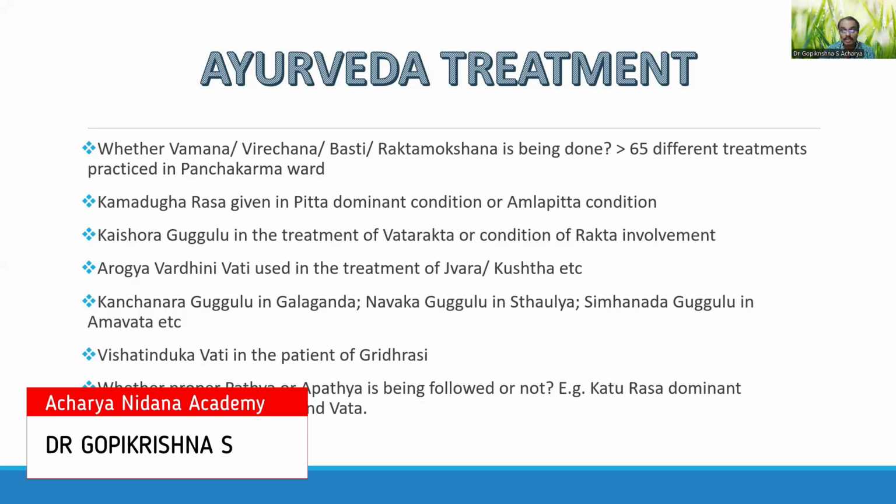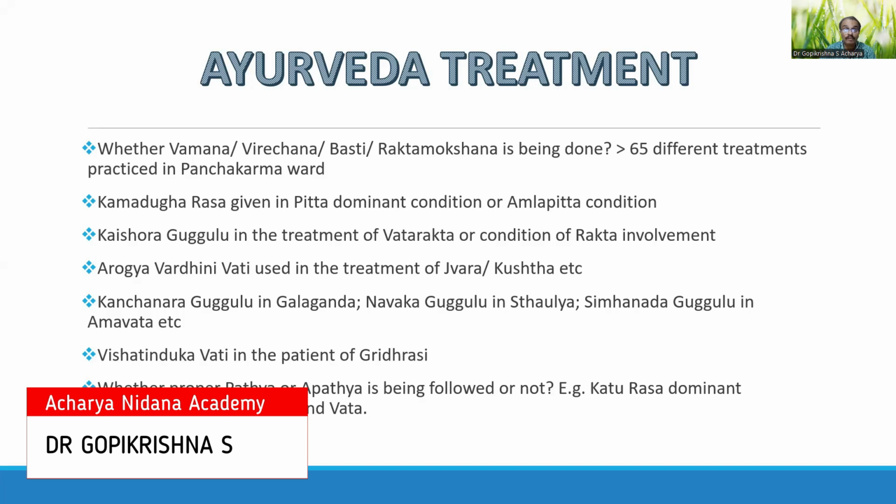When you go to an Ayurveda hospital, more than 65 different modalities of Panchakarma treatment are being practiced. If the person has received Vamana, they may be suffering from a Kapha dominant disease. If the person has had Rakta Mokshana, they may be suffering from a Rakta dominant disease, where abnormal or vitiated Rakta is present.